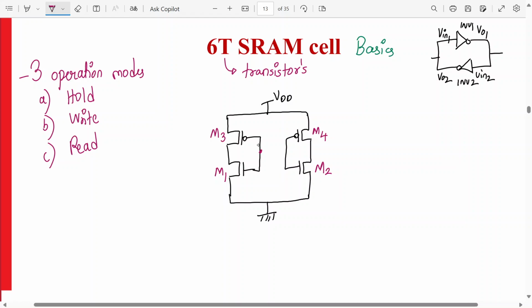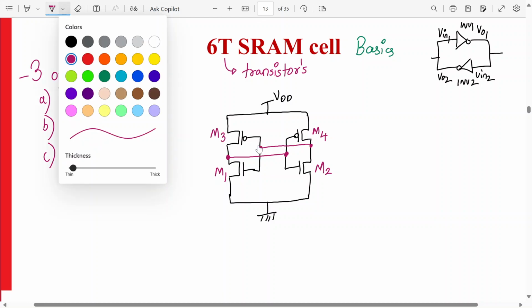So output of inverter number 1 is connected to input of inverter number 2. See, this way. Do you agree? Yes. And output of inverter number 2 is connected to input of inverter number 1, like this. See, wherever I am drawing the dot, that is where the connection is.